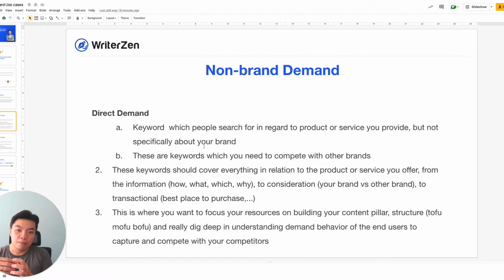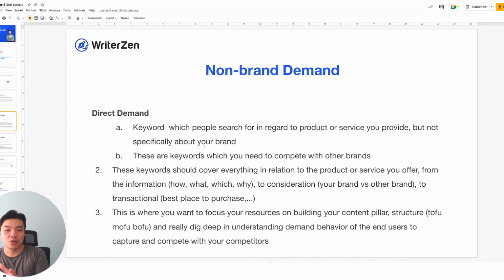So the demand of users regarding mattresses is a direct demand, yet they're not really asking for the brand itself. For example, what is the best mattress for back pain? They have a demand about buying a mattress, to know about mattresses, to learn about mattresses. Yet, Purple is not there.